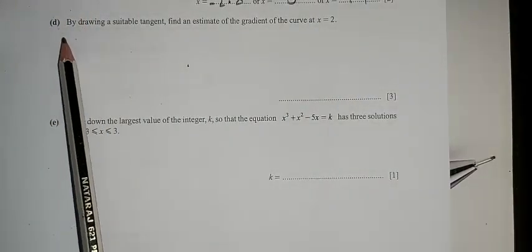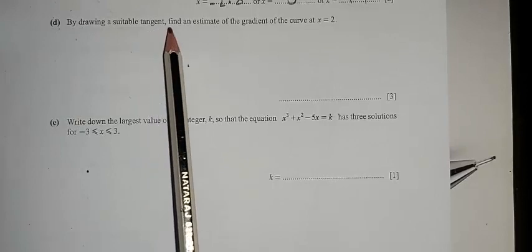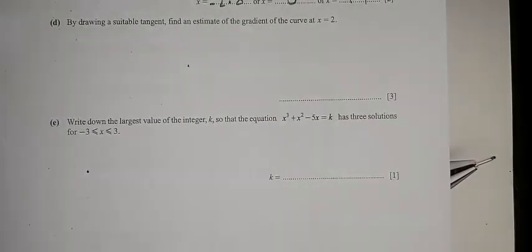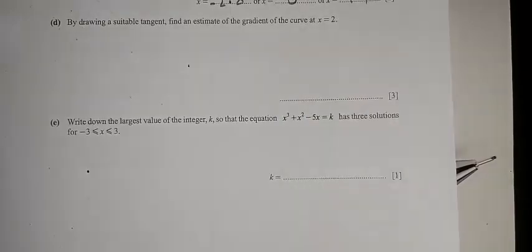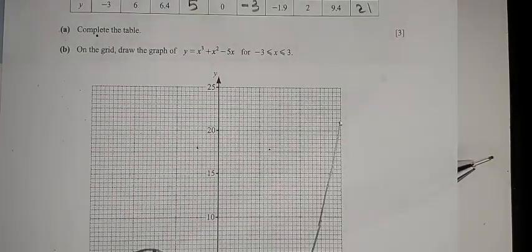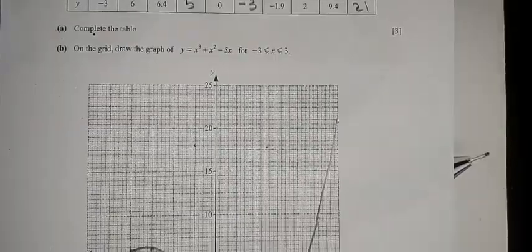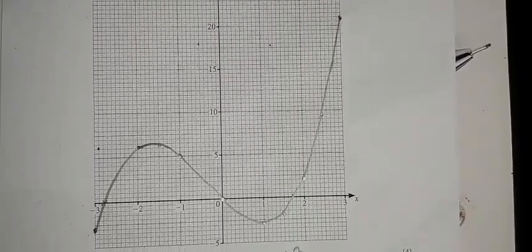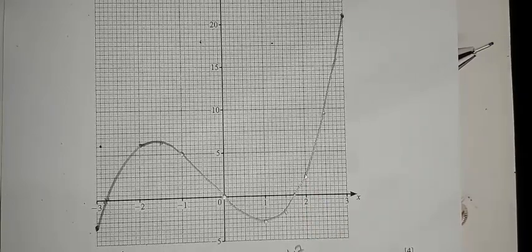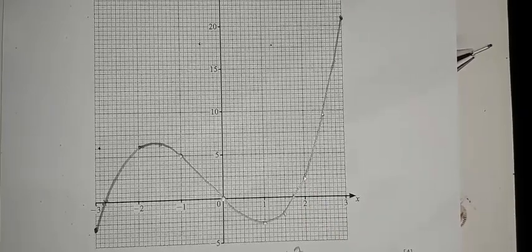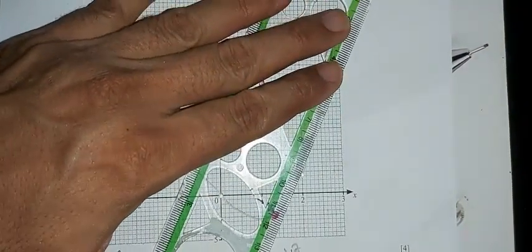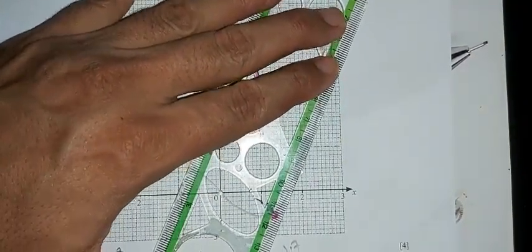In part D, by drawing a suitable tangent, find an estimate of the gradient of the curve at x equals 2. So we will go to the graph. Here x equals 2 is here, so we are required to draw a line like that.